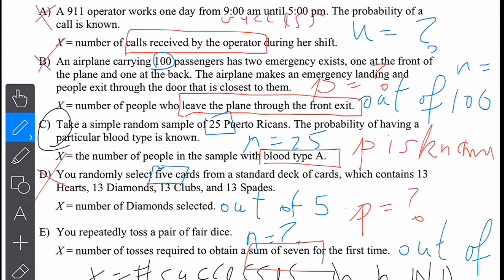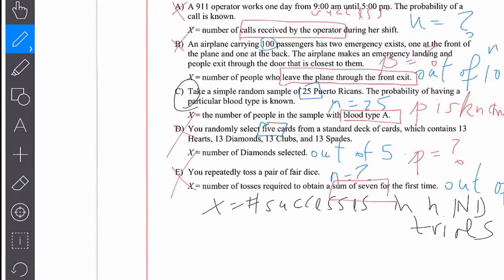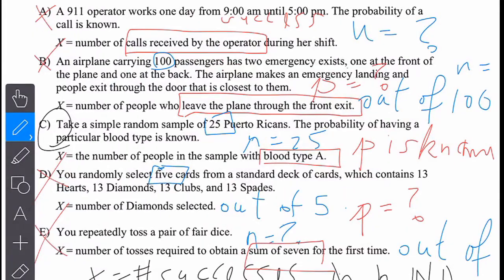In fact, this variable is defined by the number of tosses until I get what I'm looking for. It's not a binomial setting. All right? So I presented, okay, so this is wrong. The answer is C.